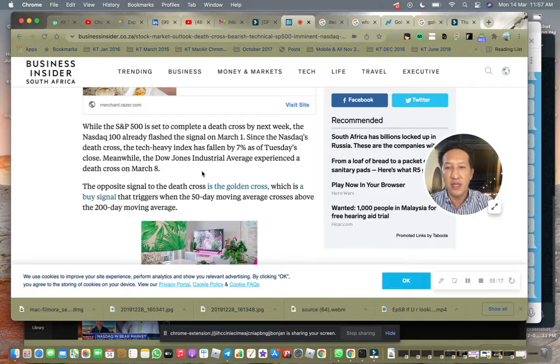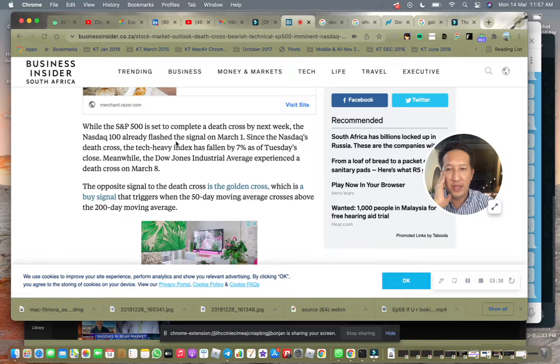So this could be something we could be focusing on, the Nasdaq, in the coming weeks. Then we can decide whether our position is good to be a long term hold or a trade.